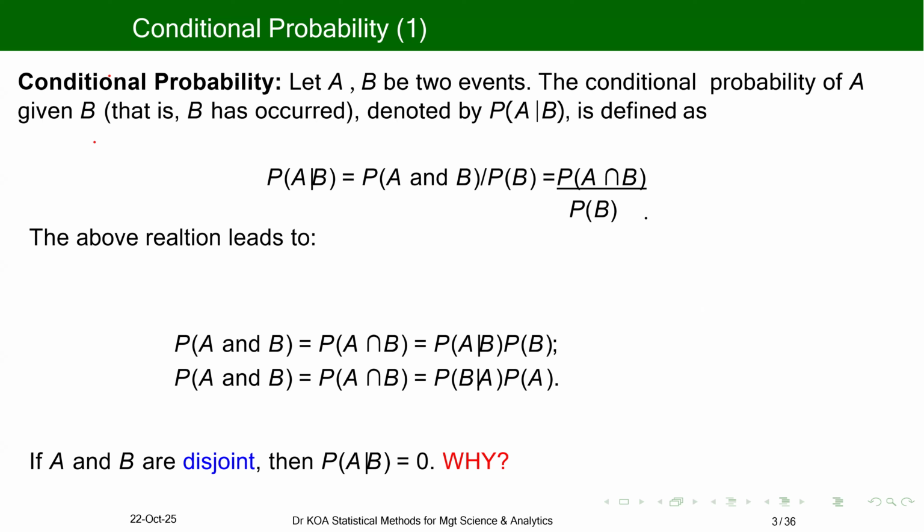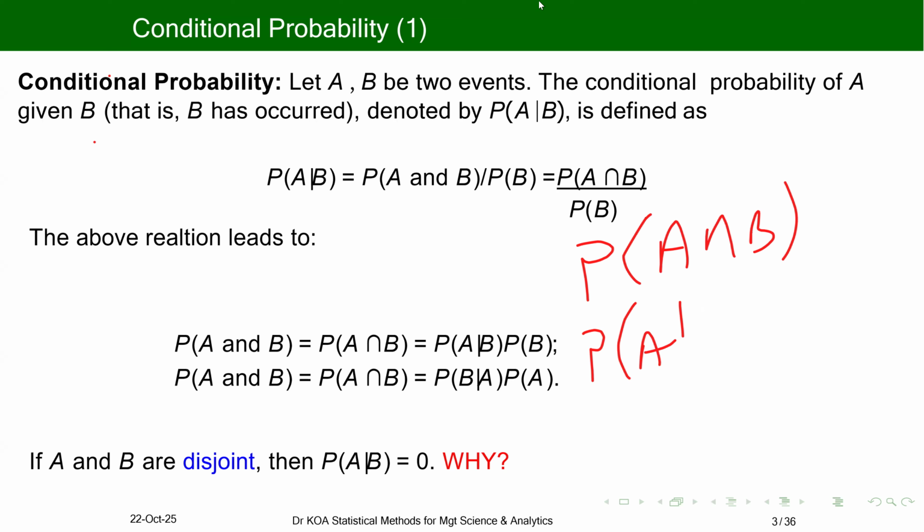It is not because the joint probability is the probability of the intersection of A and B, isn't it? We'll come back to that today. So the joint probability is the probability of the intersection of A and B. This is joint. And the conditional probability is the probability of A given B. But I've not told you what they are equal to.